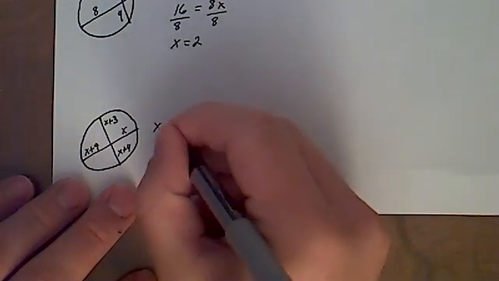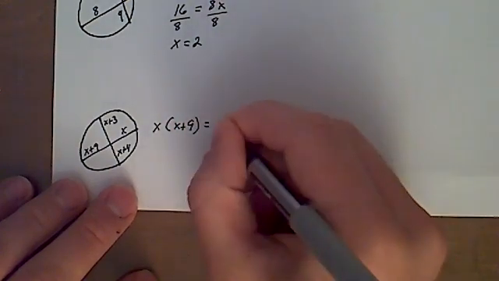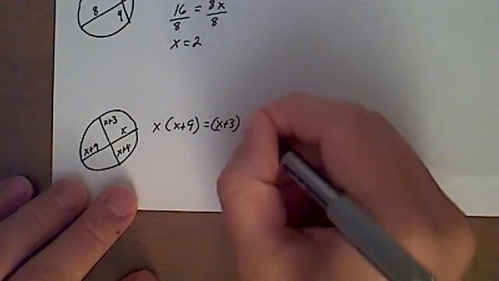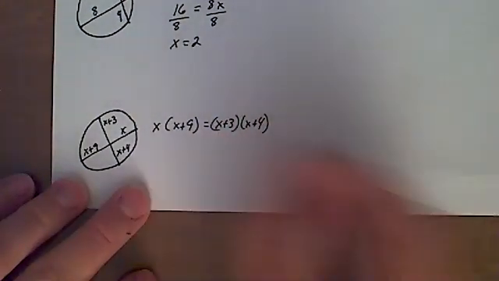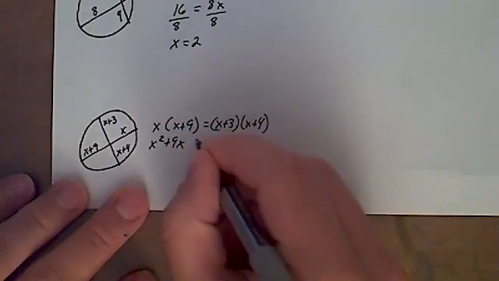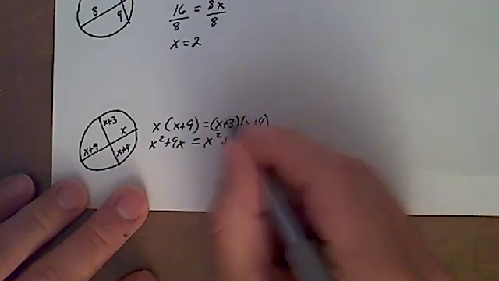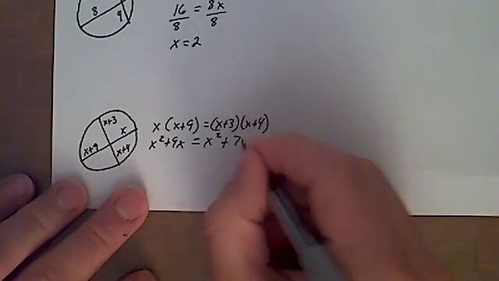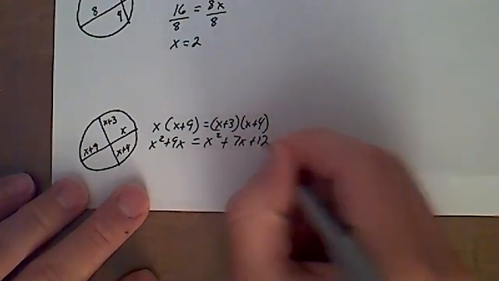We have X times X plus 9 is X plus 3 times X plus 4. Distribute, we get X squared plus 9X is X squared plus 4X plus 3X, which is 7X, plus 12.